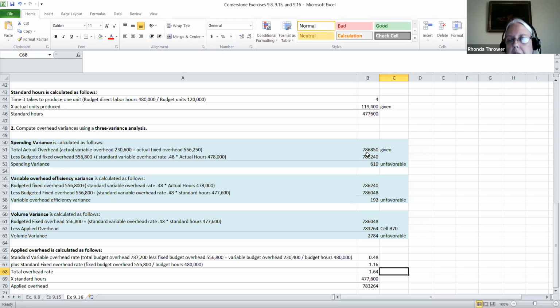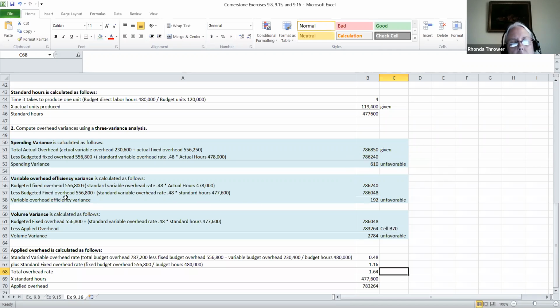The 2 of those combined is $786,850, less your budgeted fixed overhead plus the standard variable overhead rate times the actual hours. So do this first and then add it back to the fixed overhead, and that will give you this amount right here. The difference between these is 610, and it's unfavorable because the actual was more than this standard here.